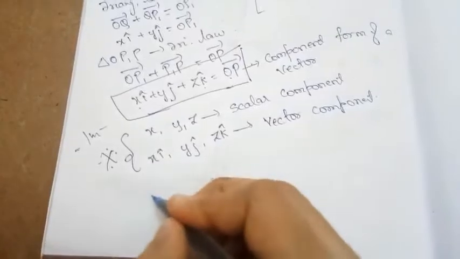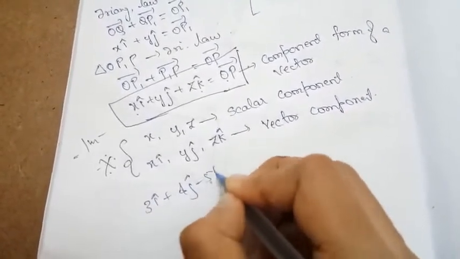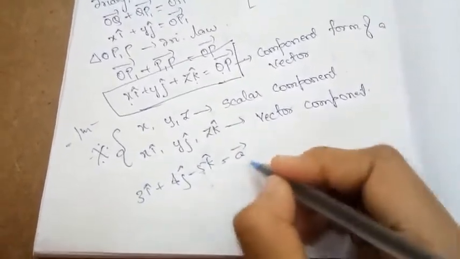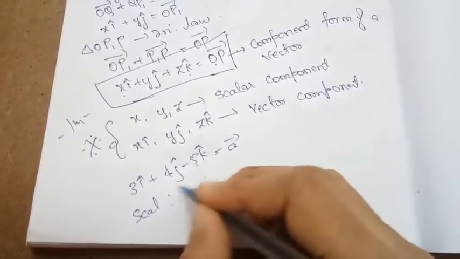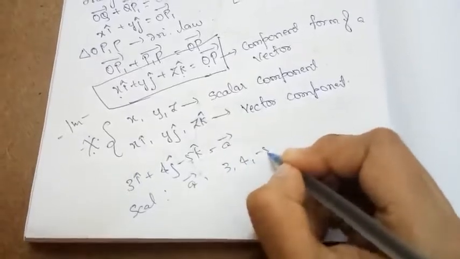For example, suppose they have given 3i cap plus 4j cap minus 5k cap, let it be some vector A. If they ask you to write the scalar components, what are you going to write? The scalar components of vector A are 3, 4, minus 5.